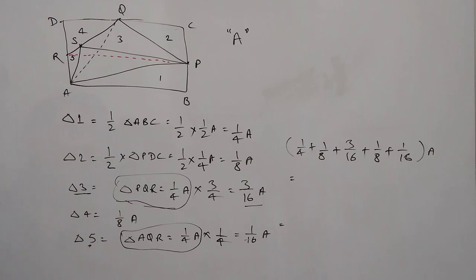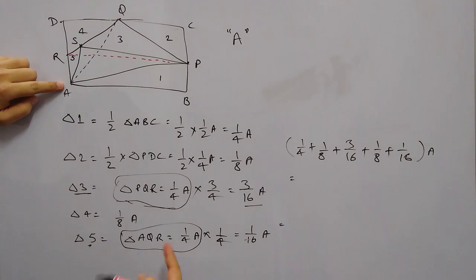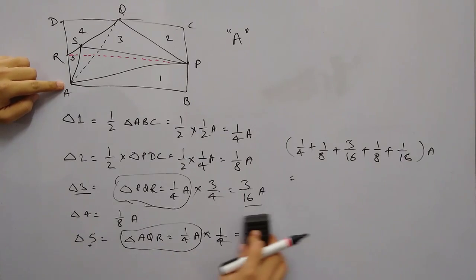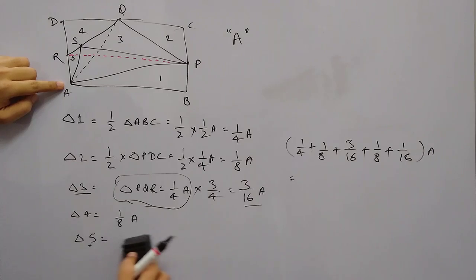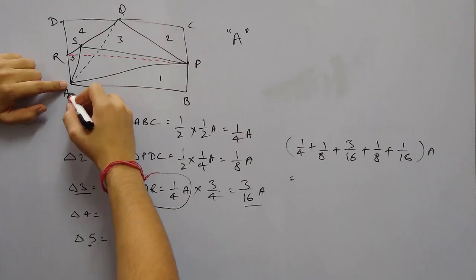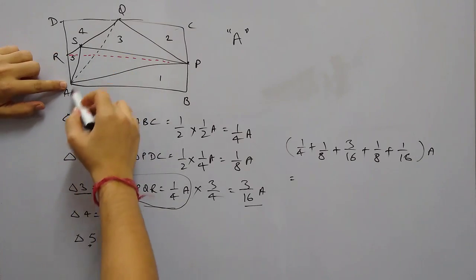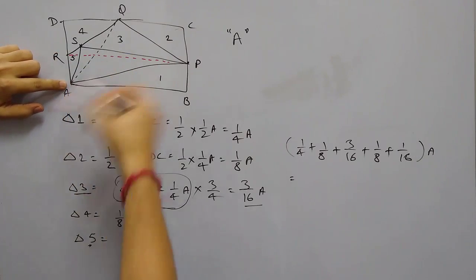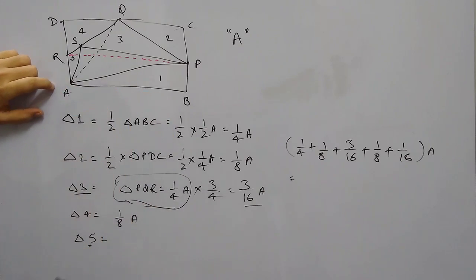I think I made a mistake here, with the 1 by 16 for AQR. See, AQR is half of AQD and AQD is half of ACD.